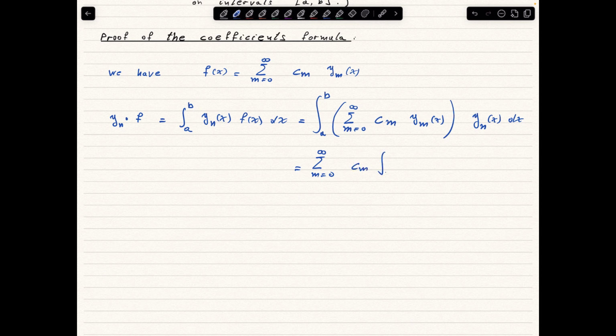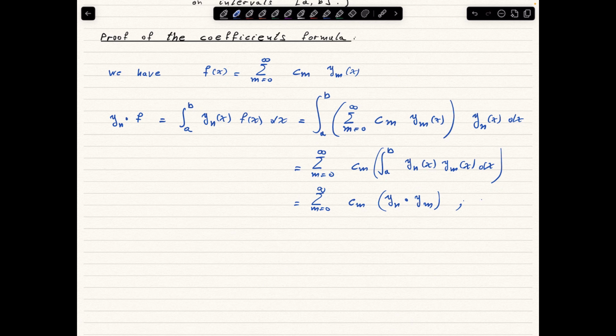And then we have the integral from a to b of the function y_n of x times the function y_m of x dx. But this is nothing more than the dot product. So this is what we are doing after all: the sum over m equals 0 to infinity of c_m y_n dot y_m.